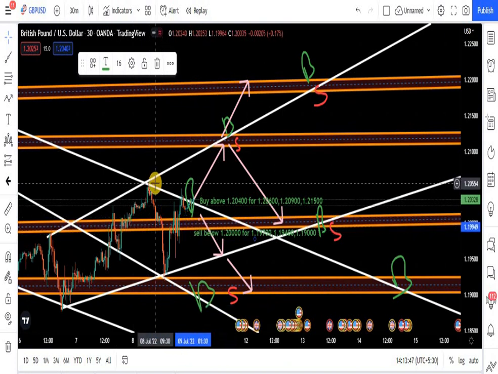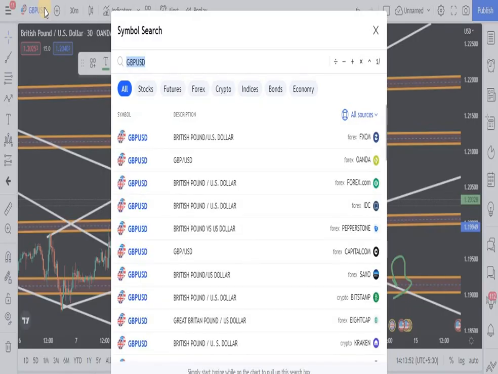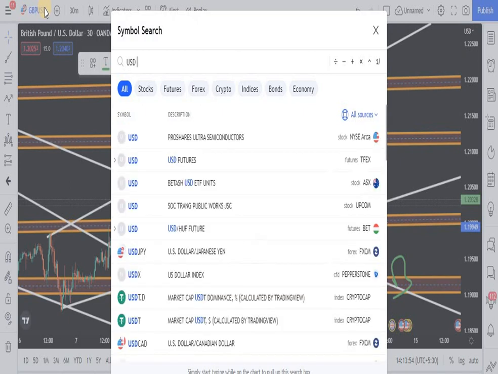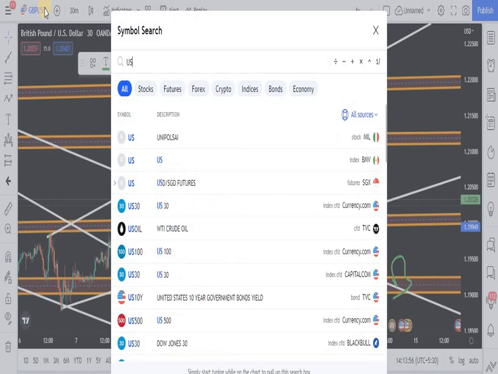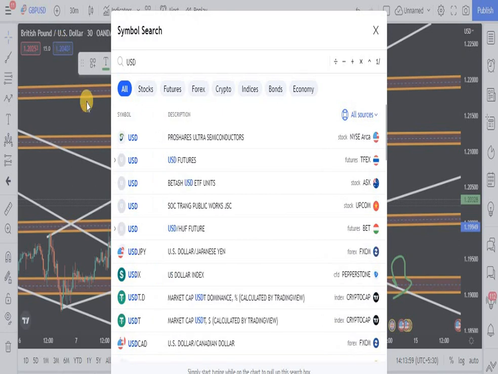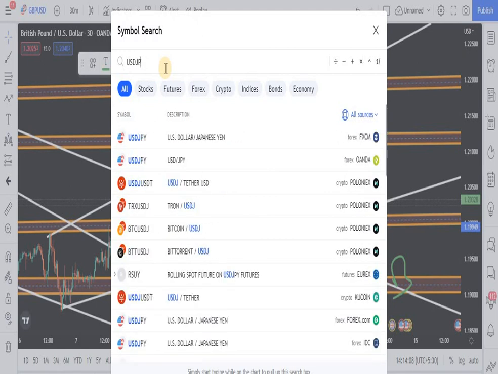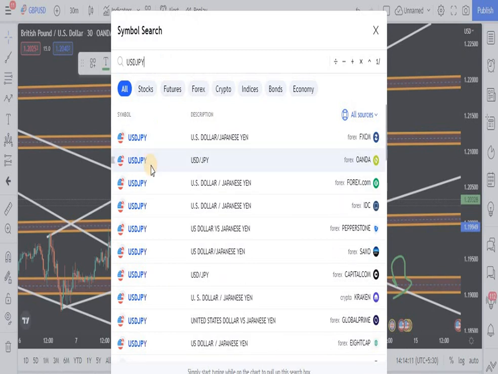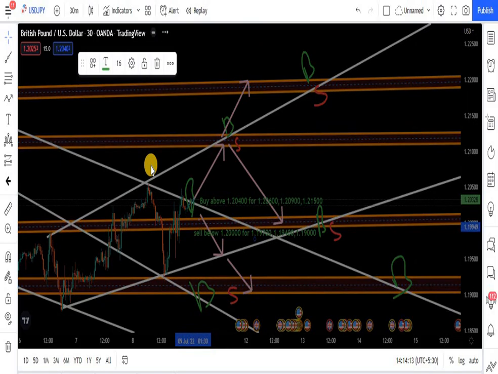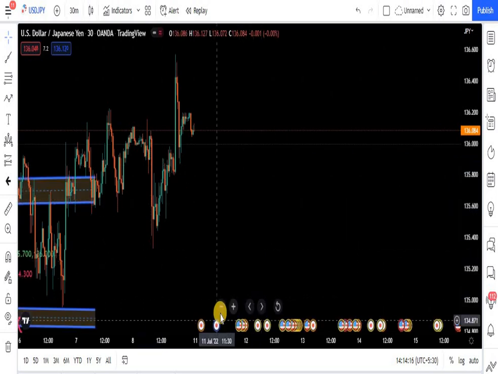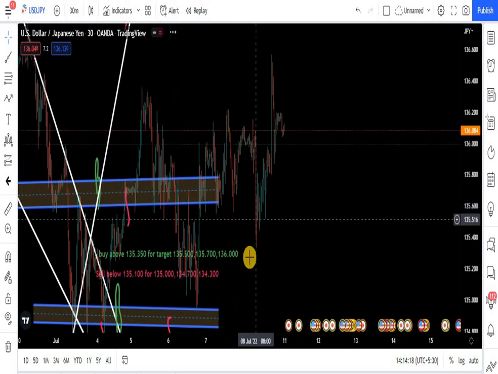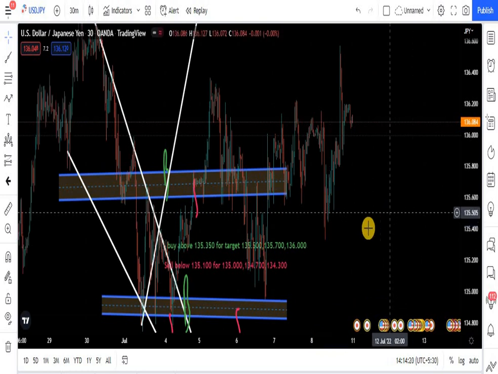Sorry, pull up that chart for next week. Now we go for USD JPY. If we see last week's charts, the market is struggling at those levels.